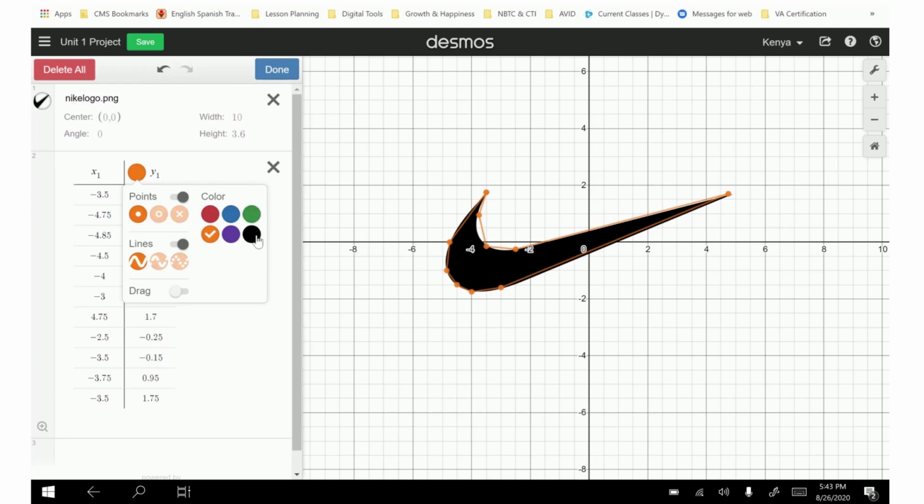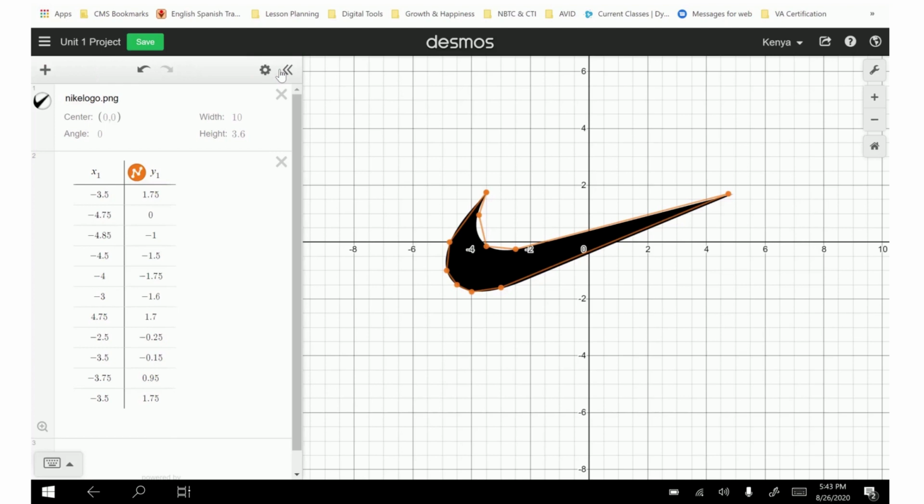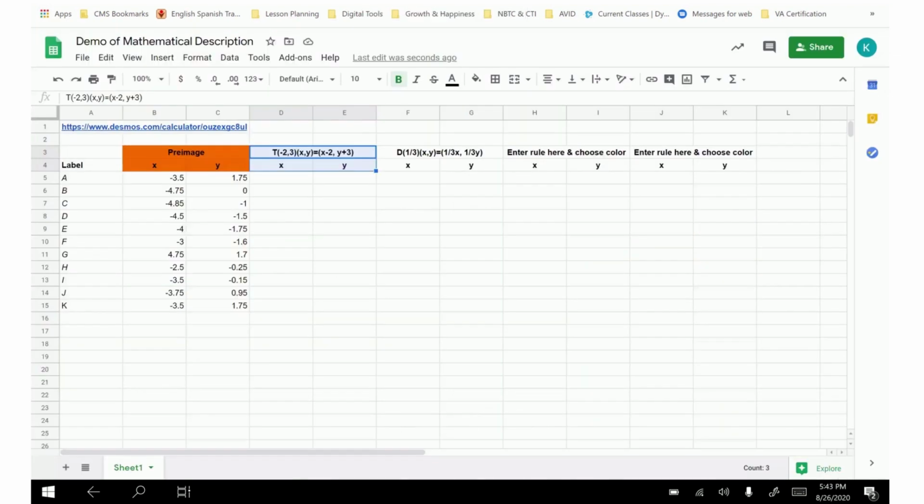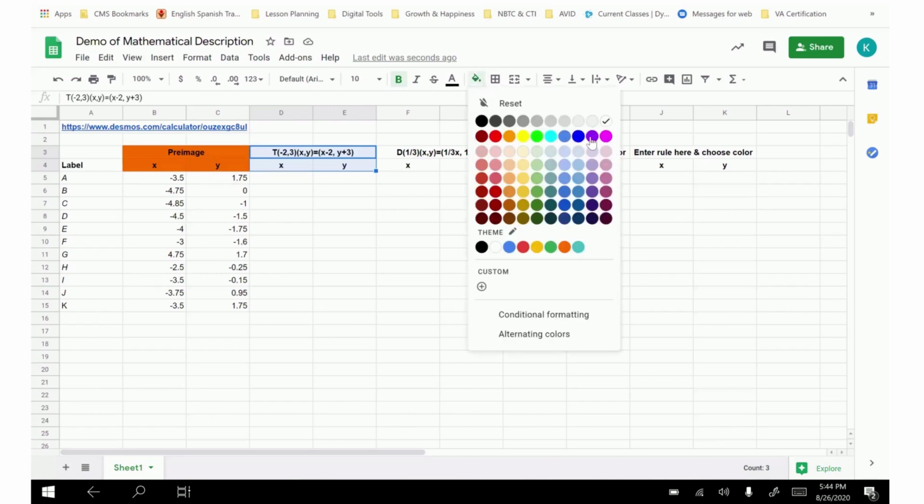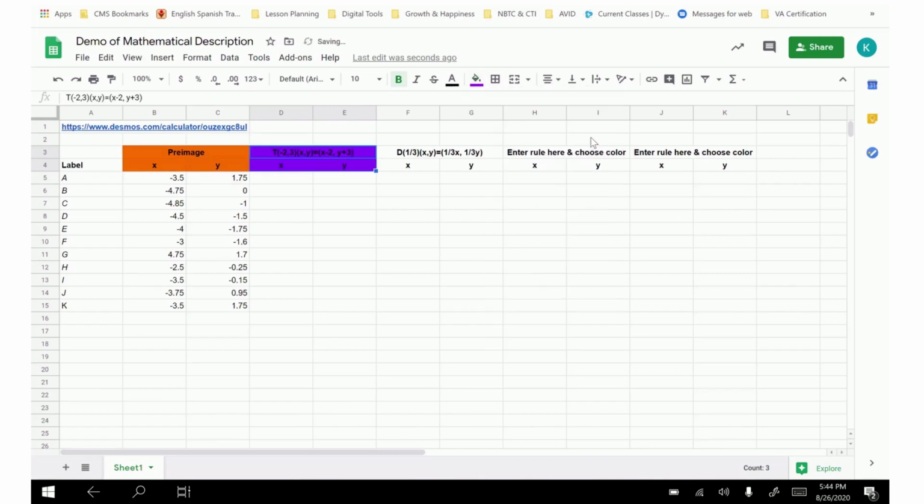So those are the colors that I need to use on my spreadsheet. Purple is one of my favorite colors, so I'm going to use purple there. And for dilation, I think I'm going to use green.